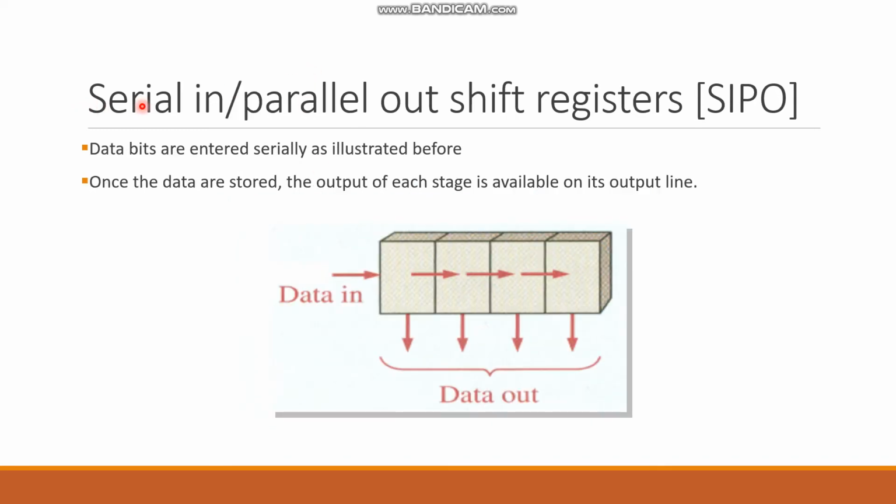So the next type, the second type, is serial in parallel out, which is very easy. This data is going to be shifted or entered to the register serially, as we did before in the serial in, serial out shift register. However, when all the data are stored there, they are going to be available in each output line of the flip-flop.